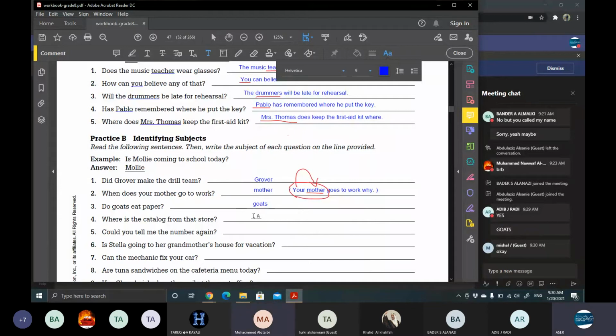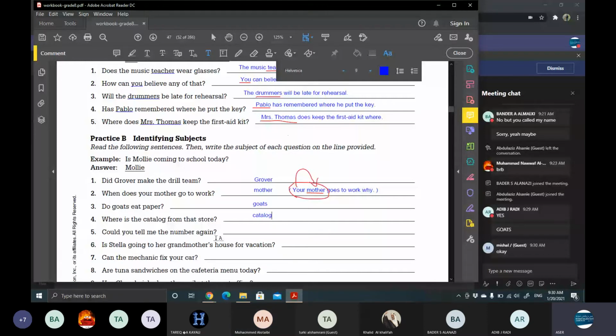Okay. Hello, Mashal. Where is the catalog from the store? Catalog. Bravo. Can you change that into a sentence? Is the catalog from the store? No, we will start with the subject, the catalog.